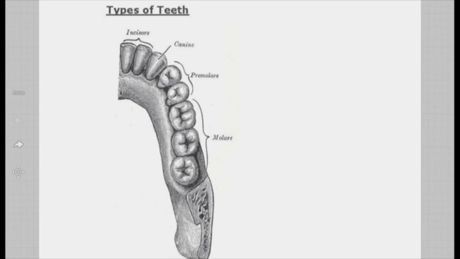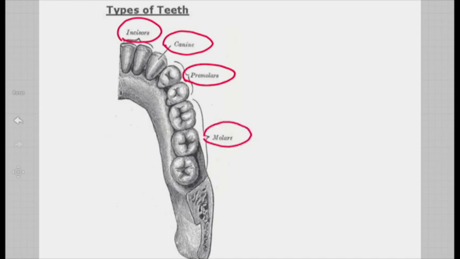At the front, the teeth there are called the incisors. Then the canines, which are sharp, chisel shaped. The premolars, as you move towards the back, or rather inside the mouth. And then the molars. So these are the 4 types of teeth found in the human mouth.